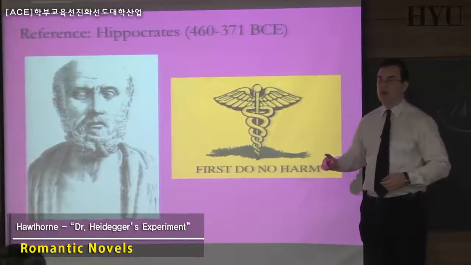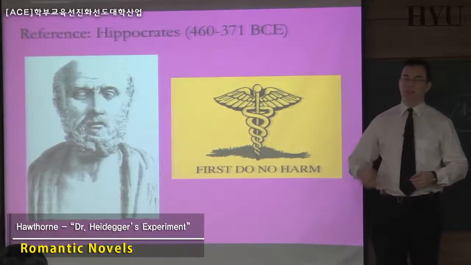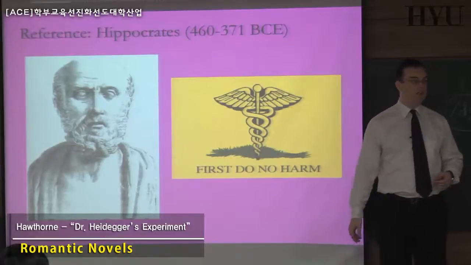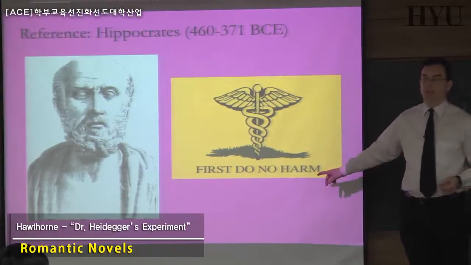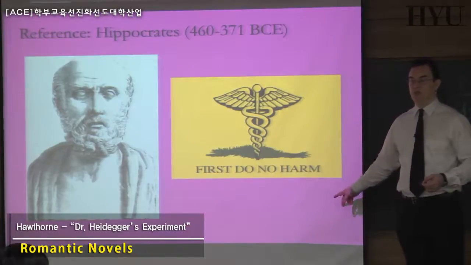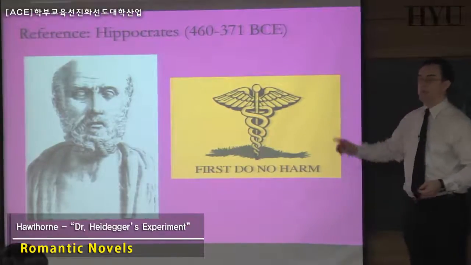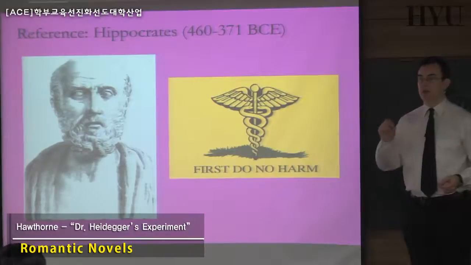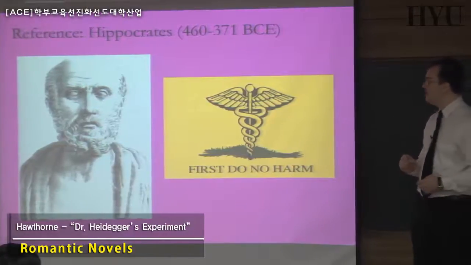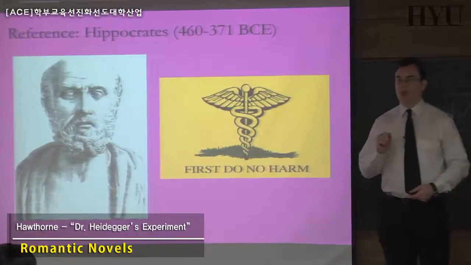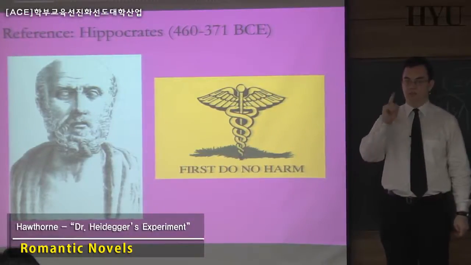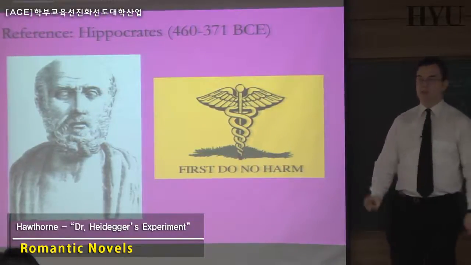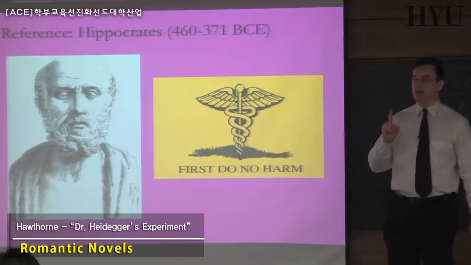And so influential is this that even still today, when doctors take their medical degree and they become doctors, they still take what is known as the Hippocratic Oath, named after Hippocrates, right? That their number one principle, as doctors, is that they will try to do no harm. Right? So first, number one principle as a doctor is to do no harm.